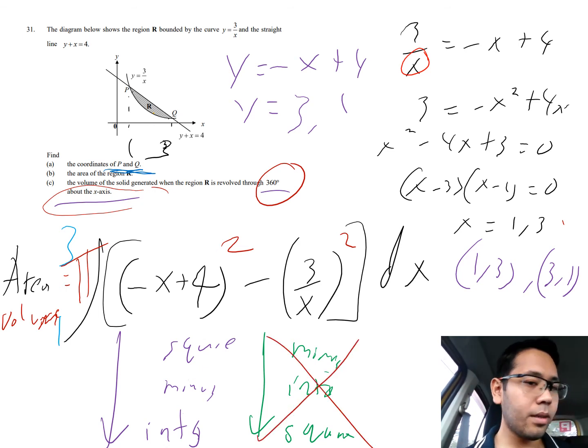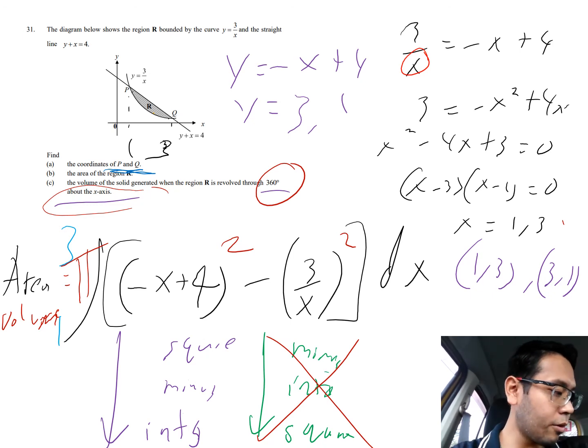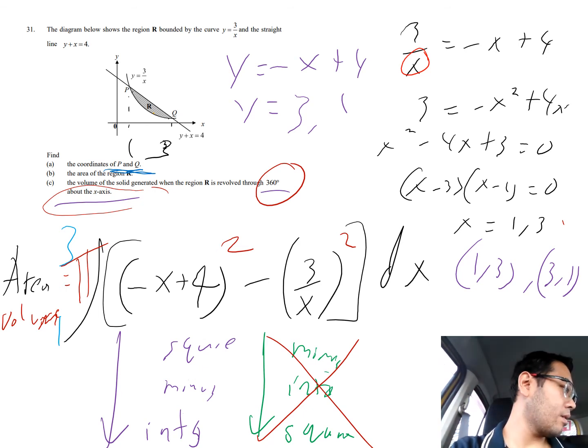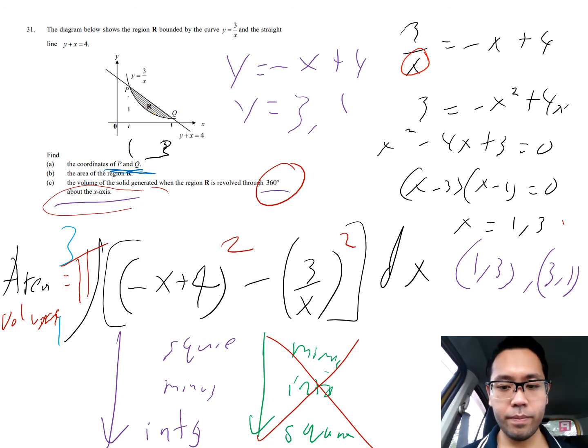Okay, I stop it there. I guess that's more than enough. If you would like to try it out, it's question number 31 past year. For viewers, if you want to try it yourself, let's write down a bit here.